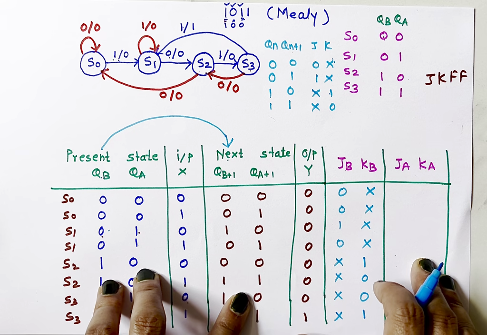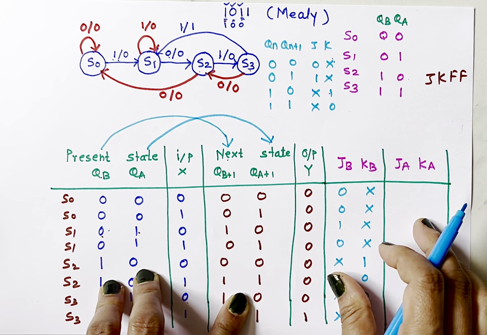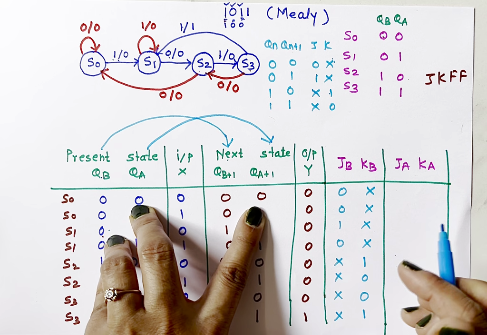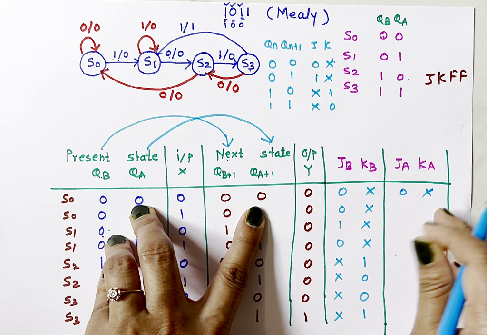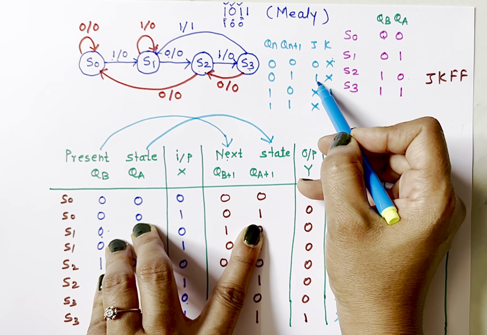Similarly, for JA, KA, I'll compare this QA with QA plus 1. So for 0, 0, 0 don't care. For 0, 1, 1 don't care. See, I am writing from this excitation table.